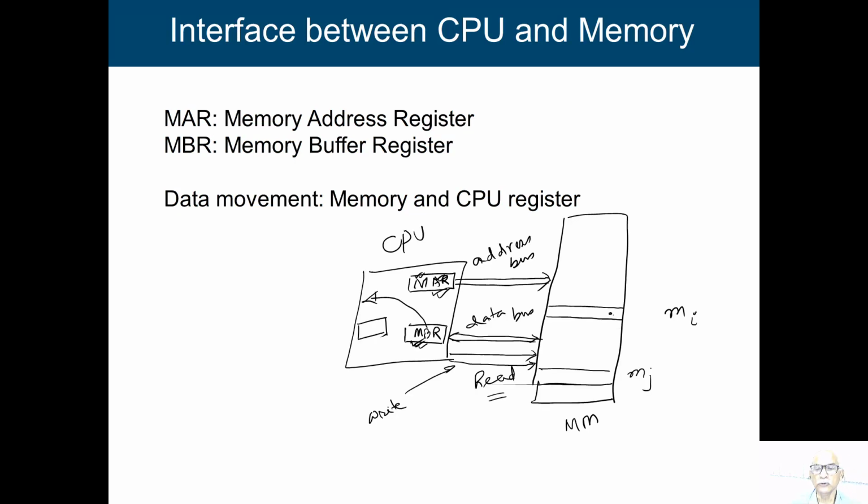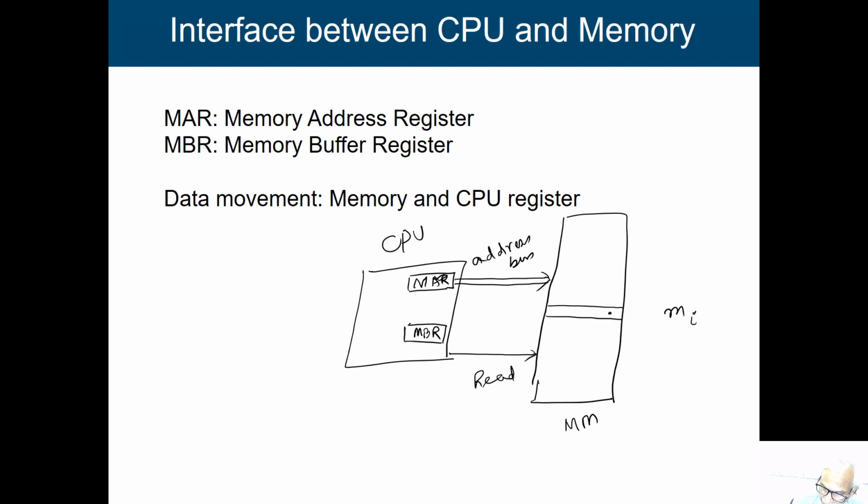Now, through the address bus we are giving the contents of the memory address register. That means we are identifying this particular memory location. Then the processor will give the read signal. What does it mean? We are going to read the information from the memory location identified by the address bus, and this memory is connected to the processor through the data bus.